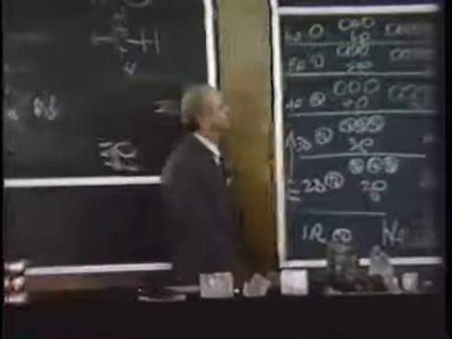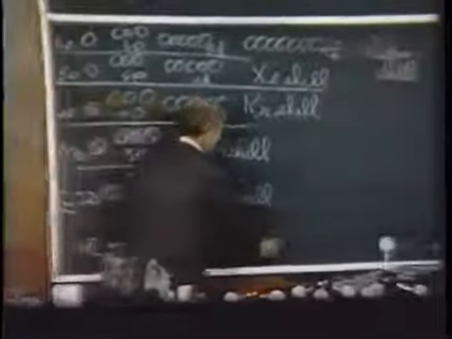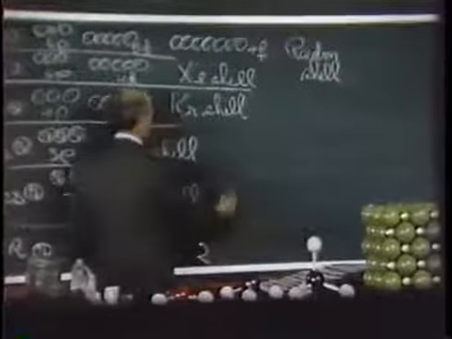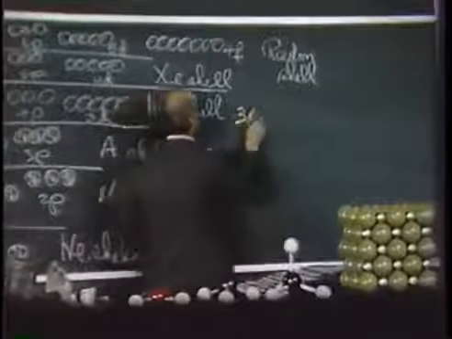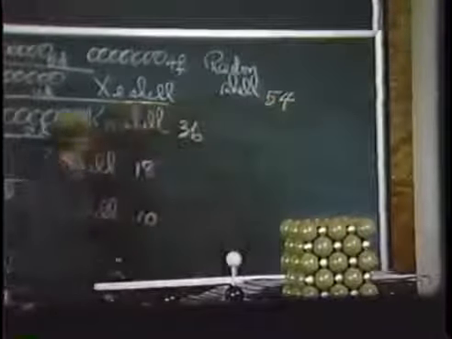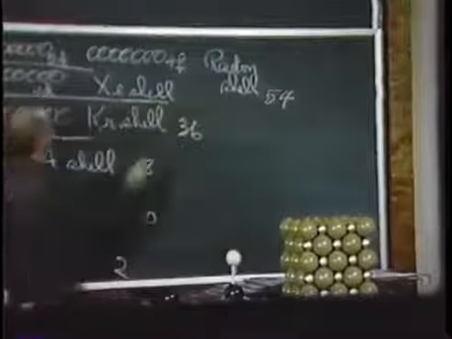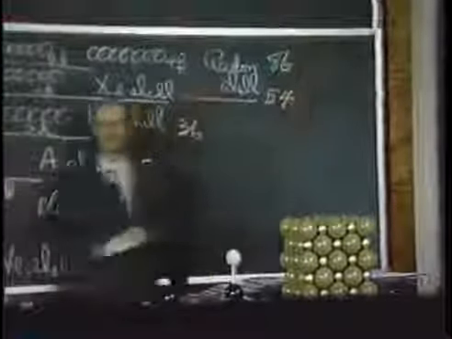It brings us up to atomic number, well, let's see. Helium has atomic number 2, neon 10, argon 18, krypton 36, xenon 54, radon 86.